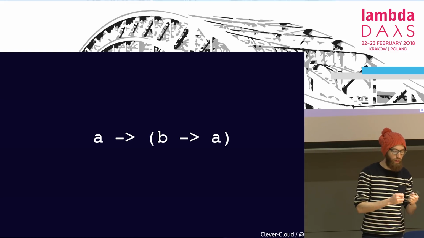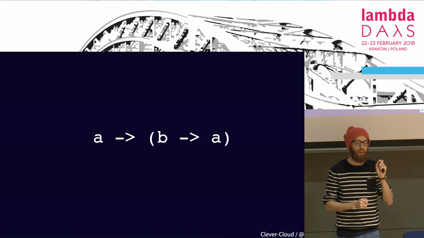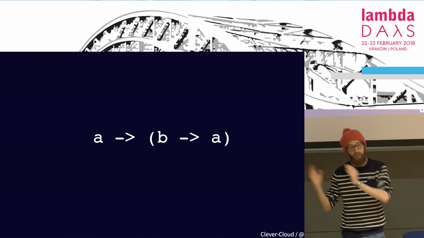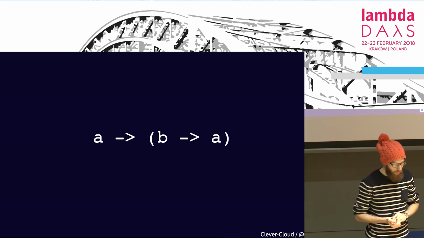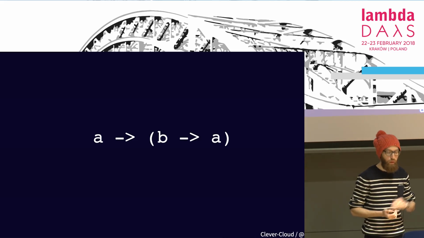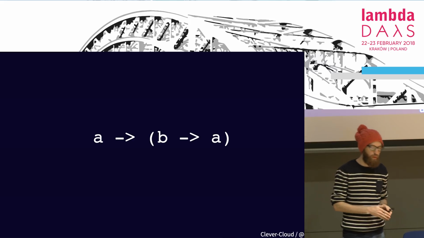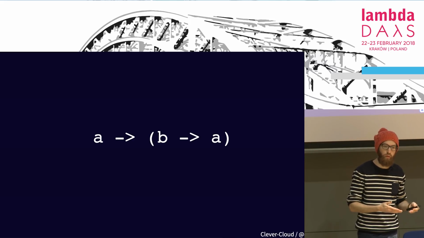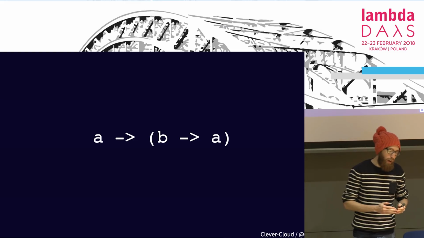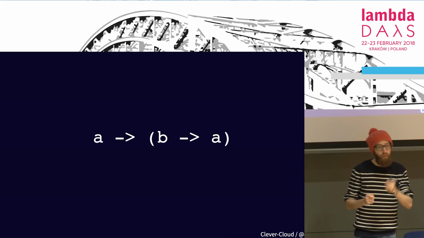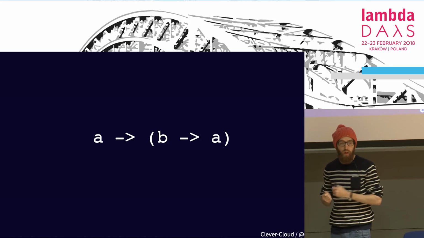But you can also think of it as a function taking one A, and returning a function that takes a B and returns an A. Describing functions like that is called currying or Schönfinkeling. And giving values one by one is called partial application.